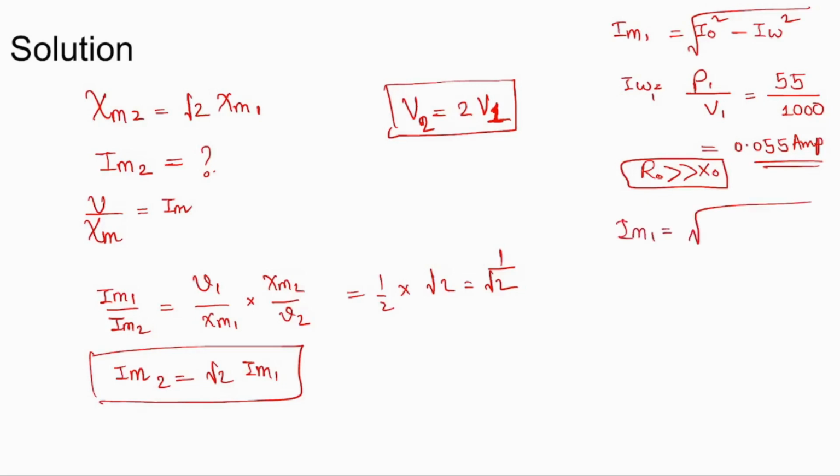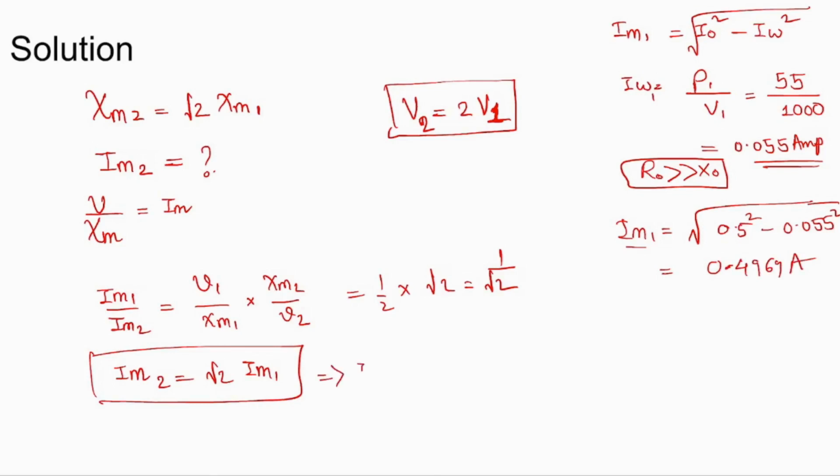So the magnetizing component is root over no load current, which is given already as 0.5 ampere, minus 0.055 square, and we get I1, that is I magnetizing, to be 0.4969 amperes.